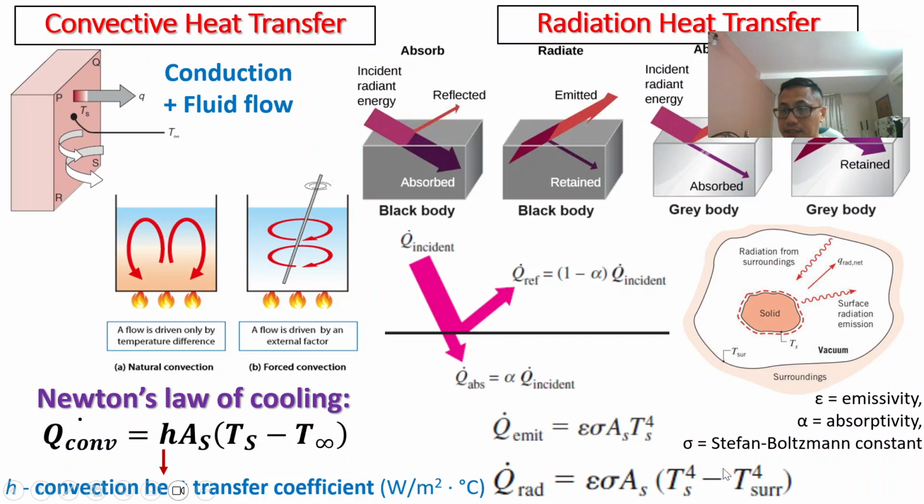So we have to subtract the amount emitted by the solid, at its surface temperature, and the amount absorbed, so that we can get the net radiant energy emitted by a solid. Again, we need the emissivity value, the Stefan-Boltzmann constant, the surface area, and the difference between the surface temperature and the surrounding temperature. We just subtract, and we will get our radiant energy.